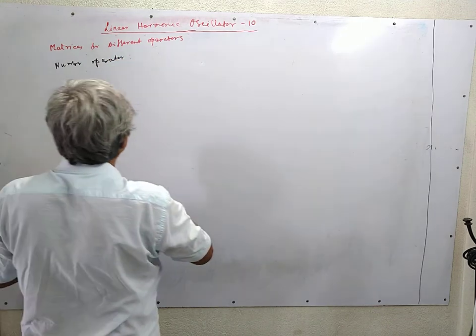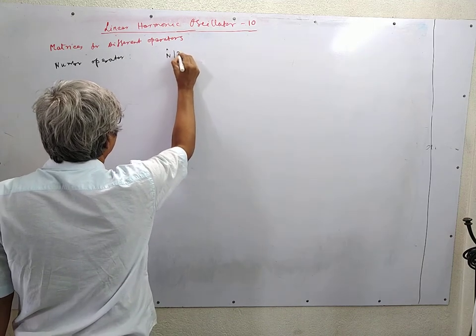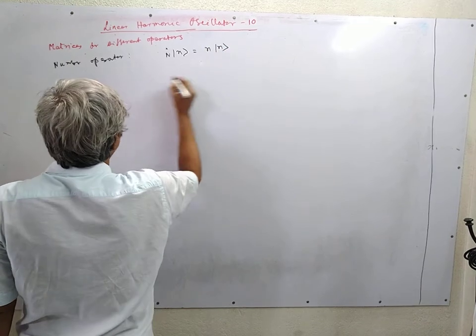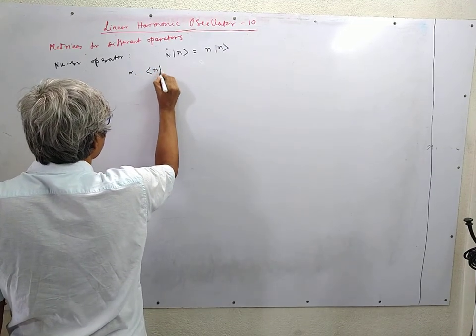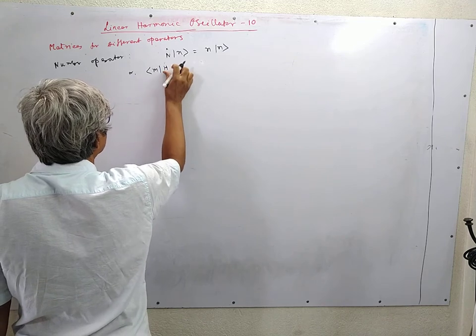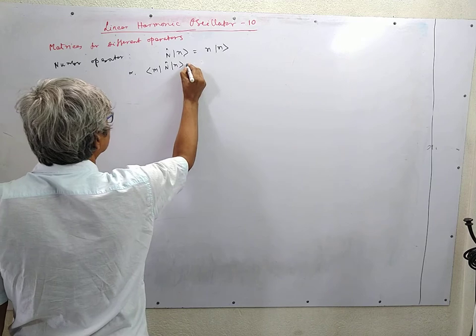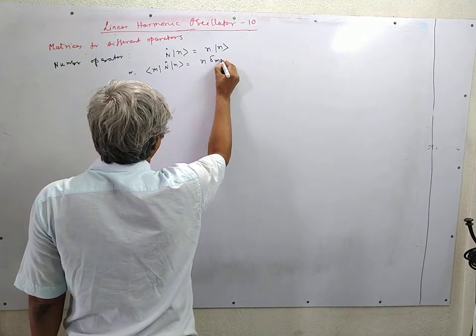In the last class, we have seen that n operating on an eigenket gives you n times the eigenket. So, we find that <m|n|n> is equal to n times delta mn.